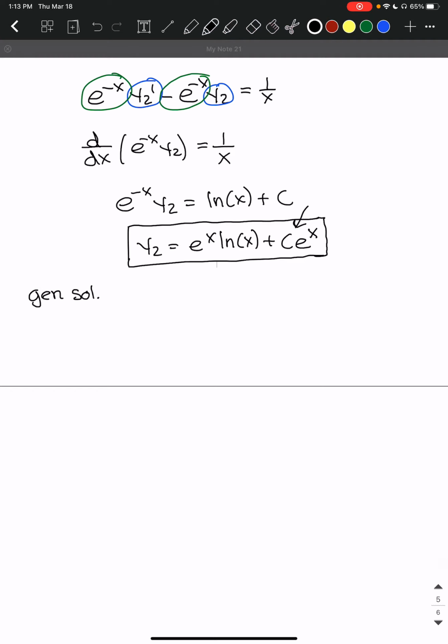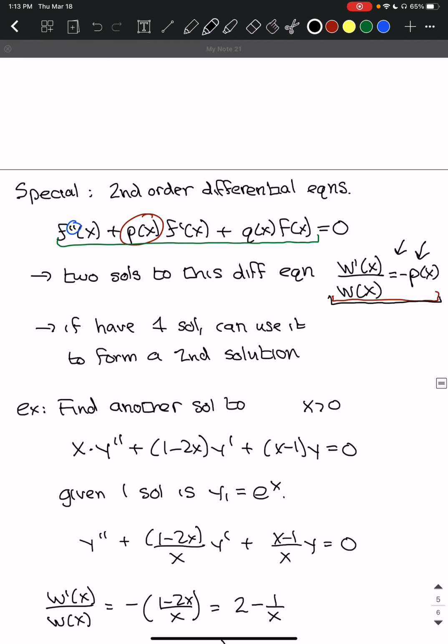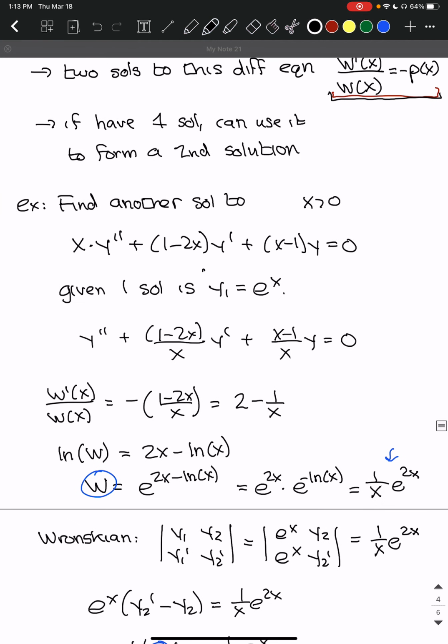I can go ahead and take any linear combination of y1 and y2, and it will still work, right? So this right here is a solution, and so is this right here. If I take both of them and add them together and send them through, this one will give me 0 because it's a solution.